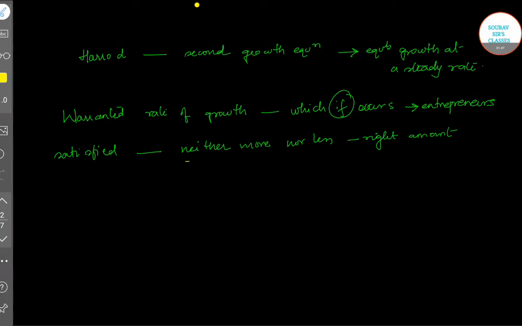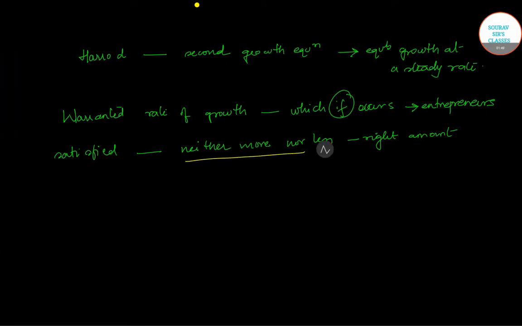So keeping this definition in mind, we must try to analyze this particular definition in detail. Now here, being satisfied with the achievement of this growth rate, the entrepreneurs will actually maintain or perpetuate the same rate of growth.